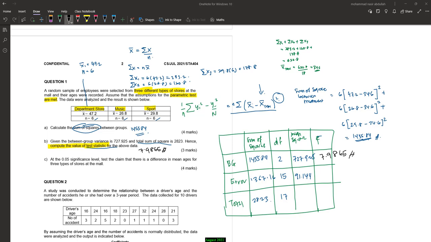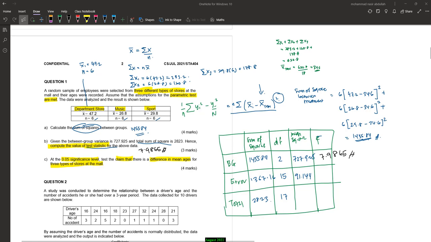So 3 marks. Okay. So now here they say at 0.05 significance level, test the claim that there is a difference in mean age for 3 types of store in the mall.